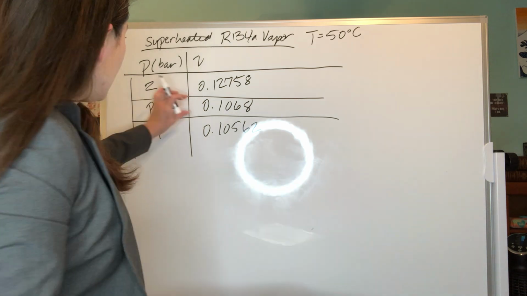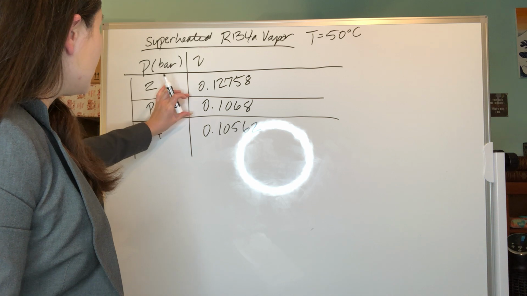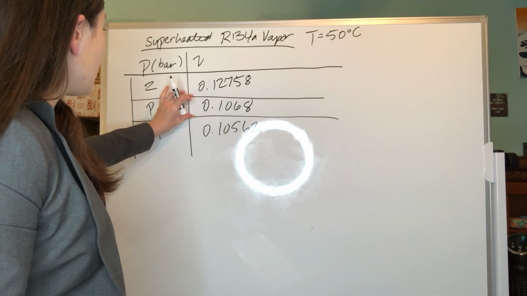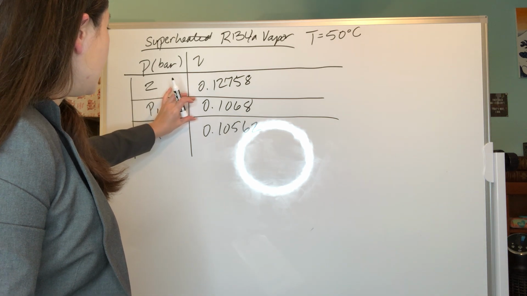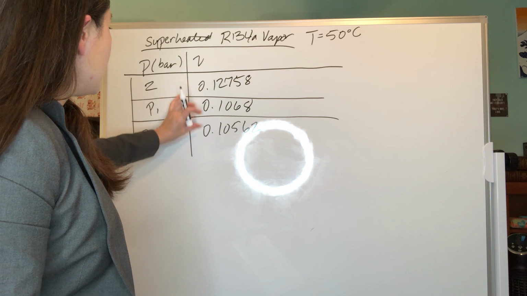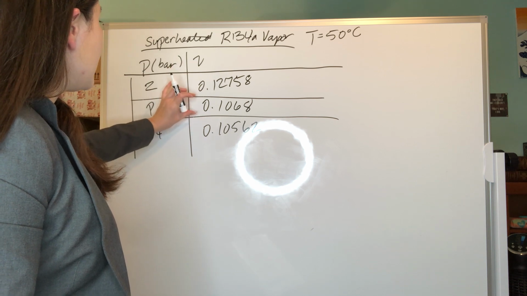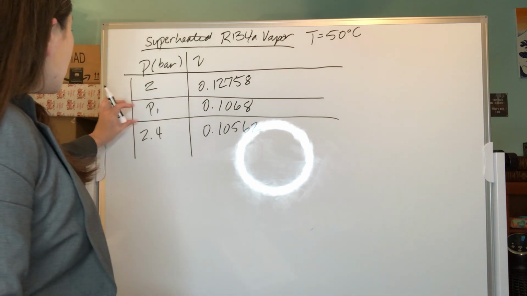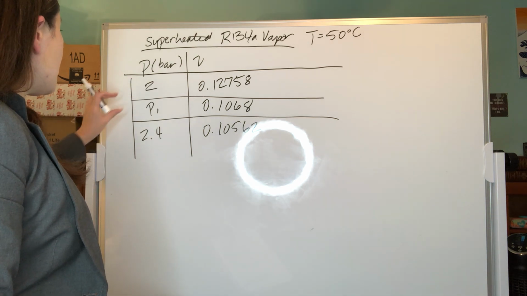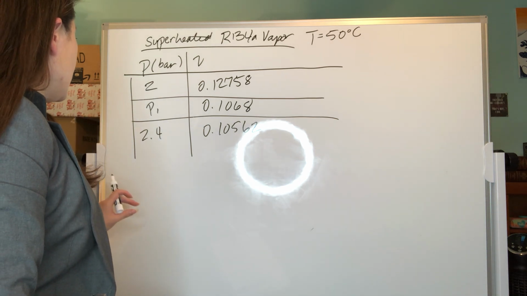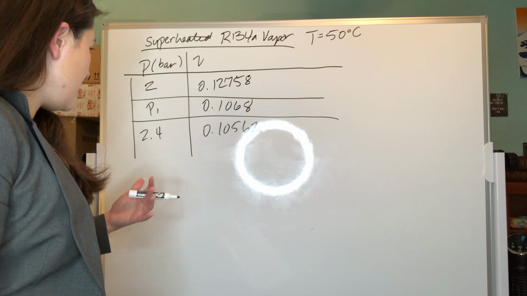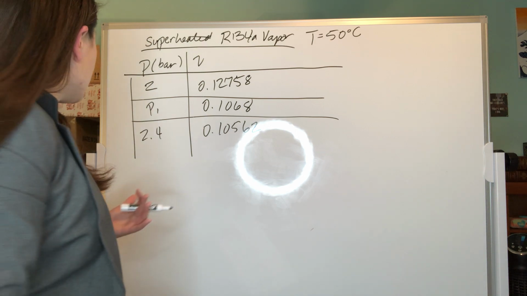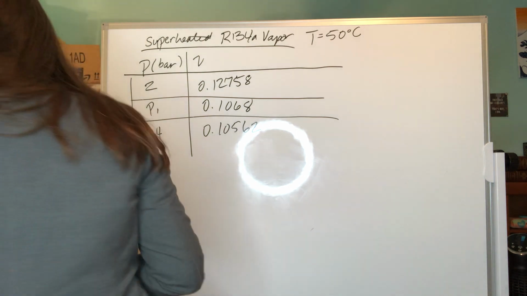Our specific volume is lower than the first one and higher than the second one. So we know that our pressure at state 1 is going to be somewhere between 2 and 2.4 bars. In order to find the most accurate value, we're going to have to interpolate.